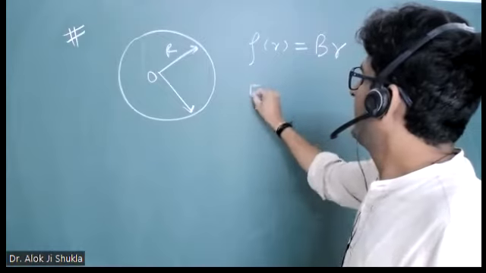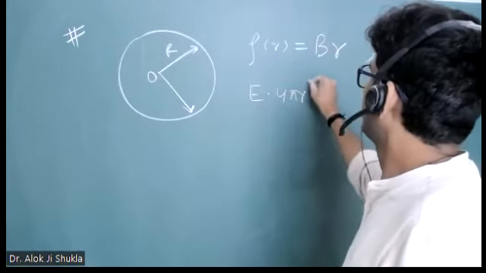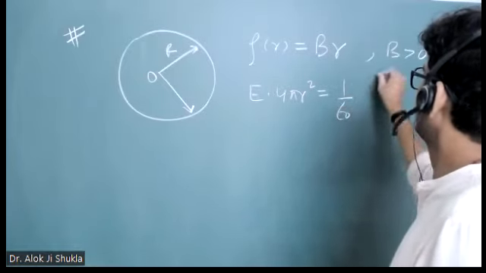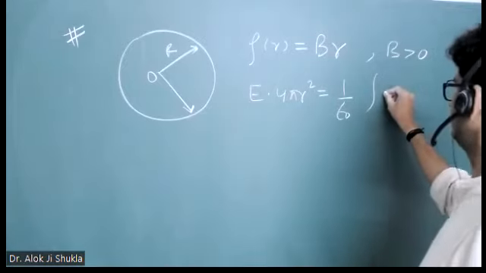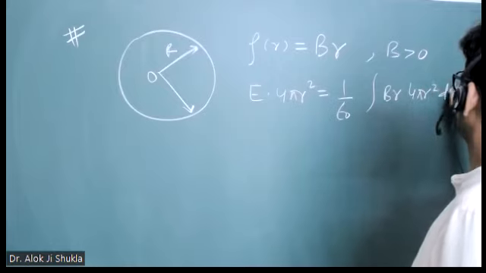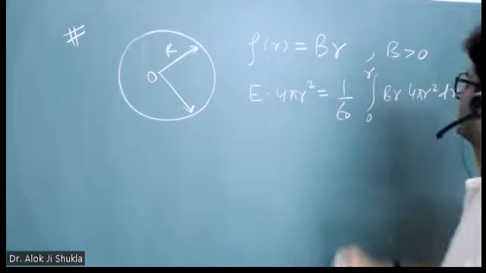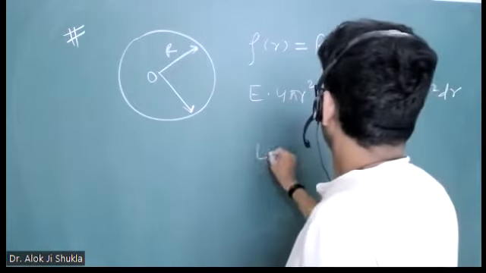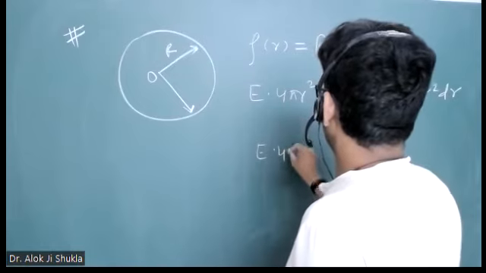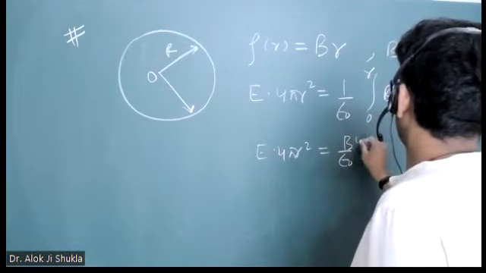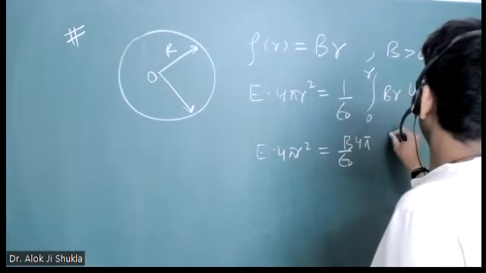Yes, sir. E into 4 pi r square is equal to 1 over epsilon naught integral of b r into 4 pi r square dr from 0 to r. Correct? So it will become E into 4 pi r square is equal to 1 by epsilon naught b into 4 pi, and here how much will it be?